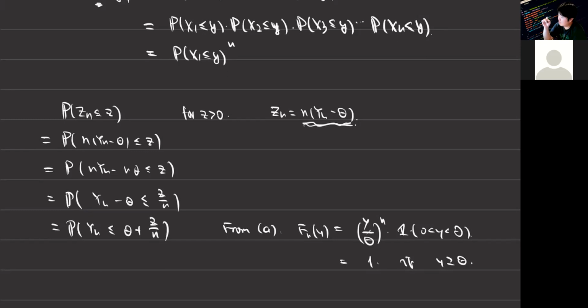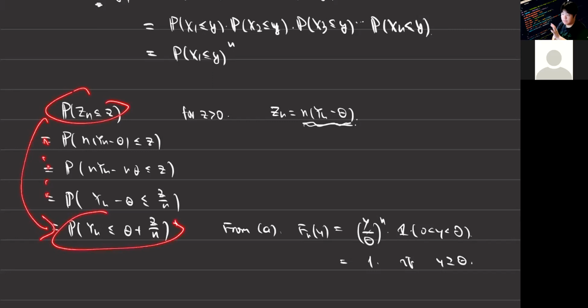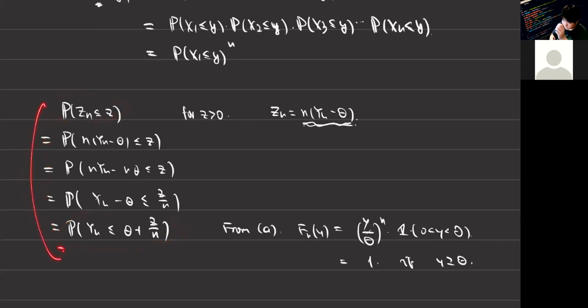Now we already did all the work and rewrote it as Yn less than or equal to something. What we're trying to establish here is that the CDF of Zn can actually be written in terms of the CDF of Yn.